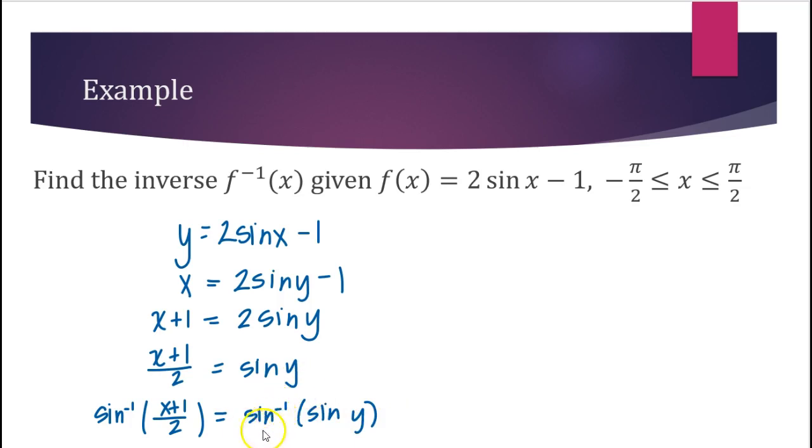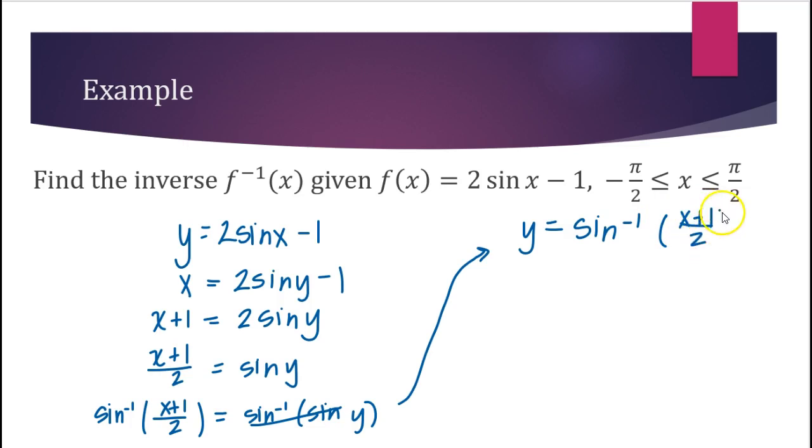Because sine inverse and sine are going to cancel each other out, now I just have y equals sine inverse of x plus 1 over 2. So since y is isolated, f inverse is then sine inverse of x plus 1 over 2.